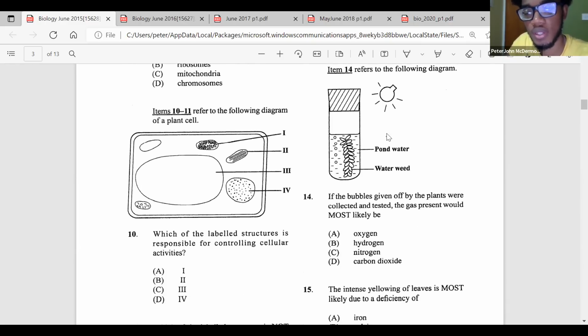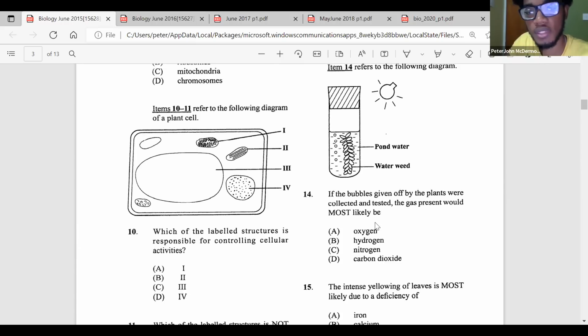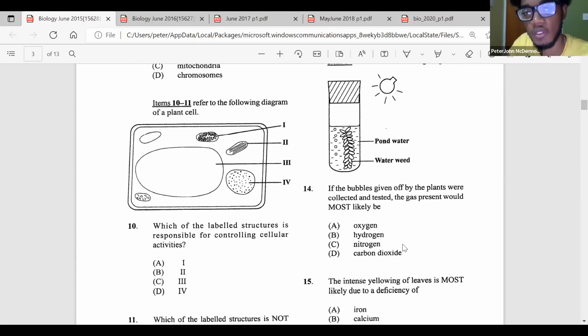So let's do the next one. Look at this diagram for a second. It says, if the bubbles given off by the plant were collected and tested, the gas present would most likely be, so we have to look here. Give a bit of time, maybe around 5 seconds for this.